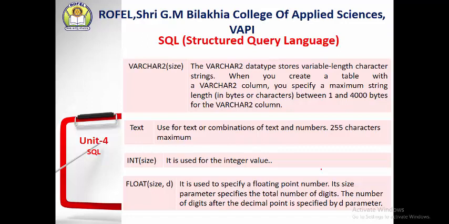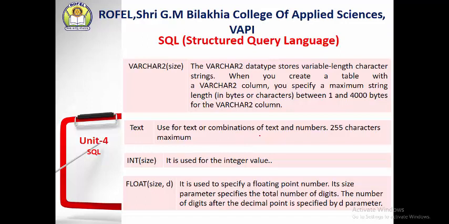The maximum length is 1 to 4000 bytes for varchar2 columns. Now text. Text is used for text or a combination of text and numbers that contain 255 characters. It's just like a character data type.